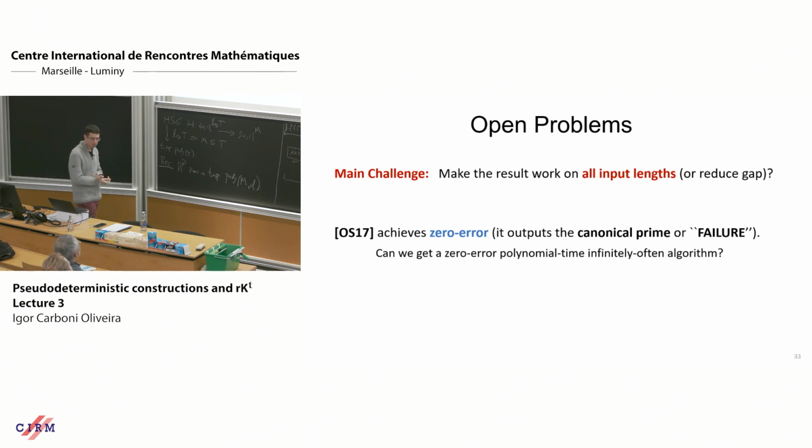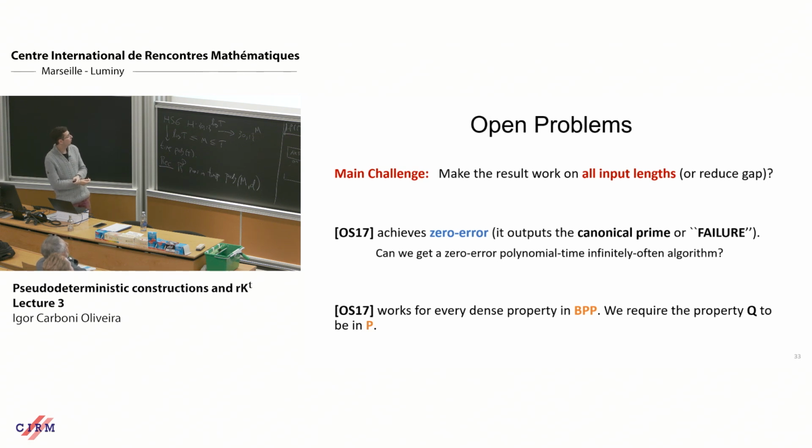So the sub-exponential time algorithm either outputs the canonical prime or some error symbol on a given input length. While in this proof, we don't get the zero error property. So this reconstruction procedure of Chen-Tell might give you a different prime or something else in some cases. So it's not zero error. It would be nice to have this as well.